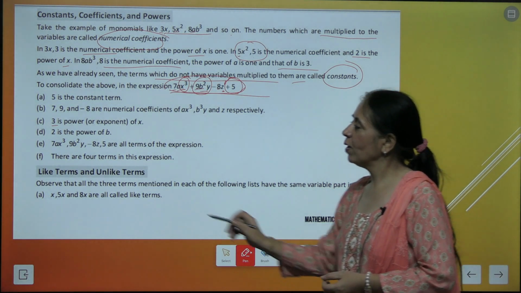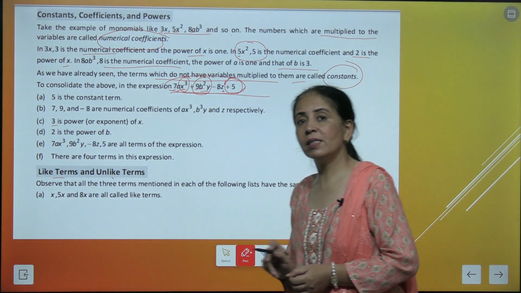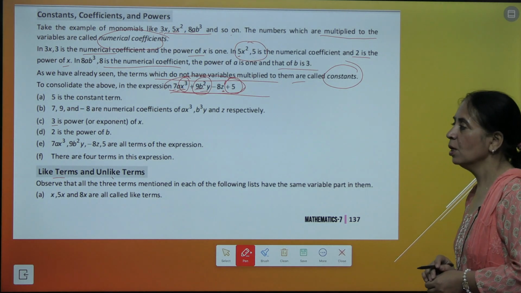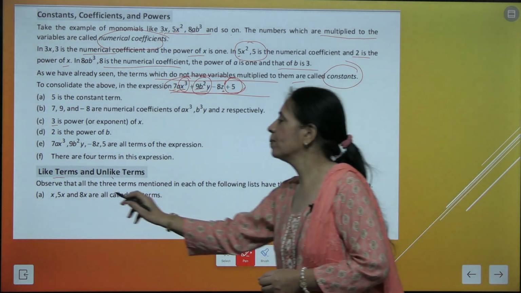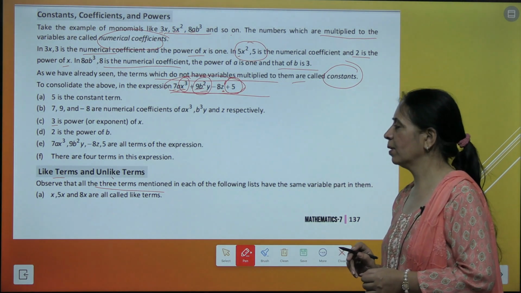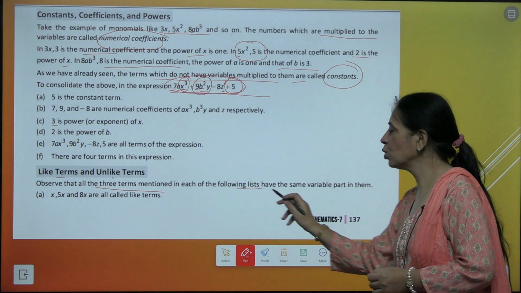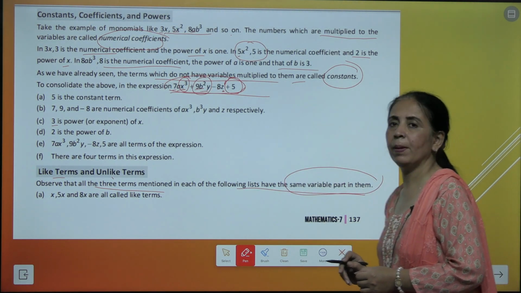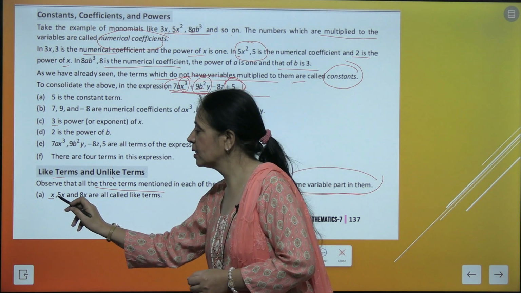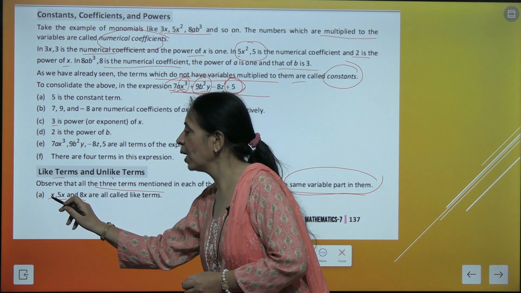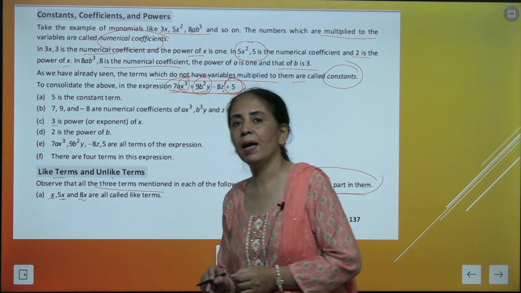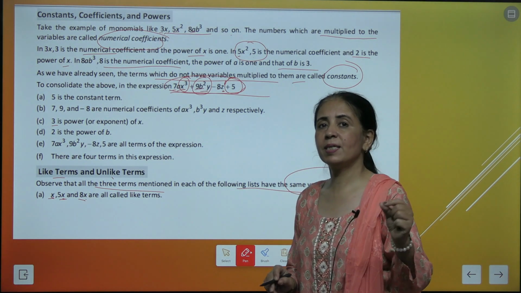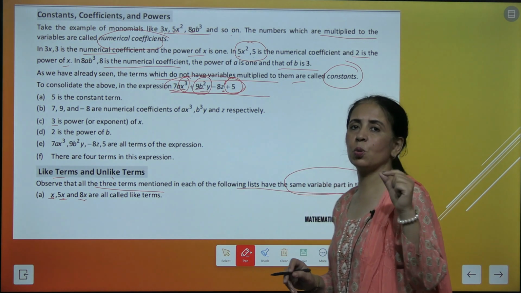Got it? Now we'll learn about what are like terms and unlike terms. Specifically, we observe that all 3 terms mentioned in each of the following lists have the same variable part. Here you have x, 5x, 8x, so what is the common thing? x. When the variable part is the same, we call those terms by a special name.